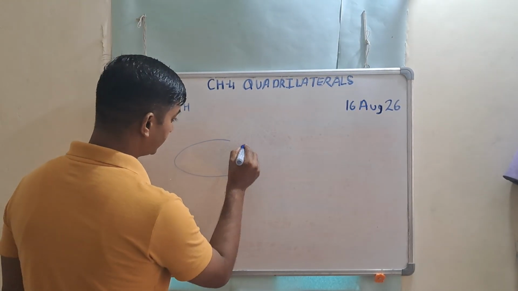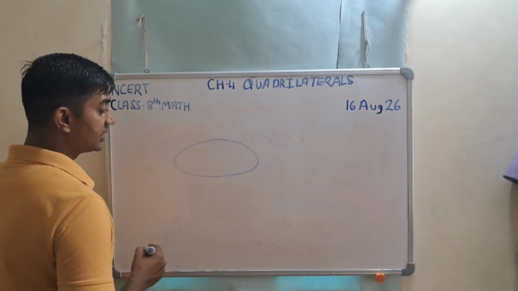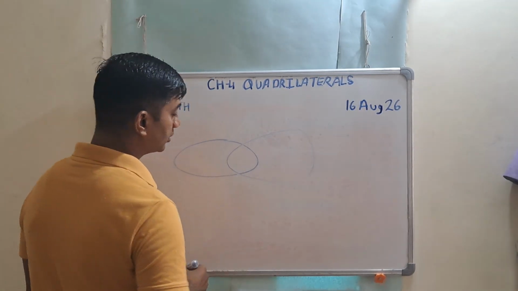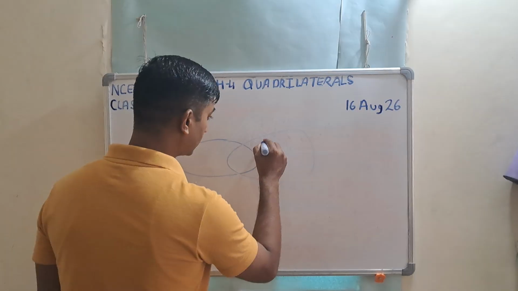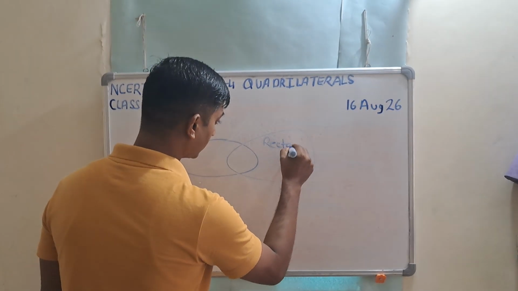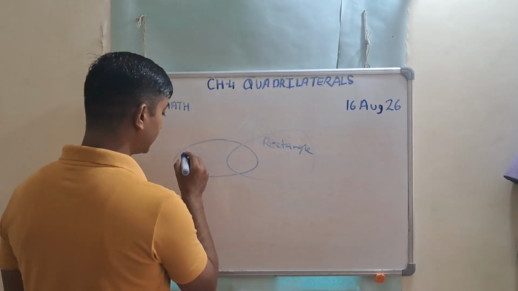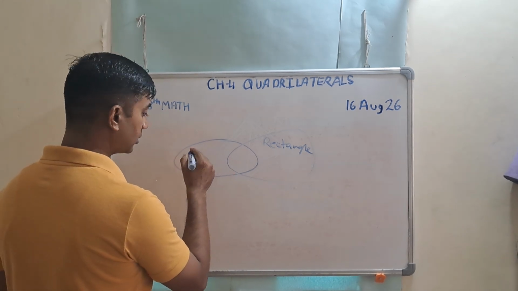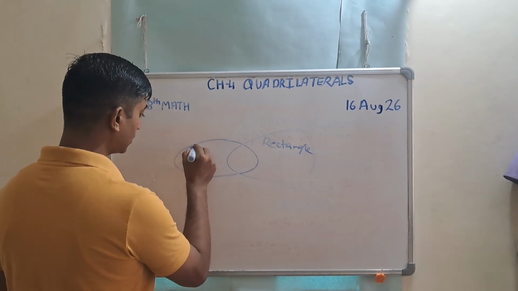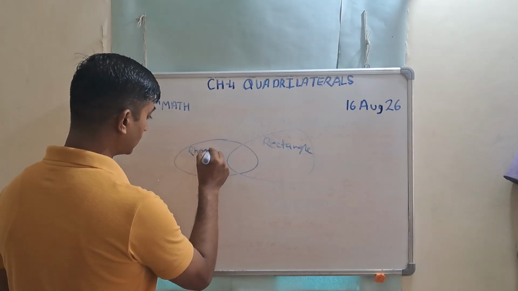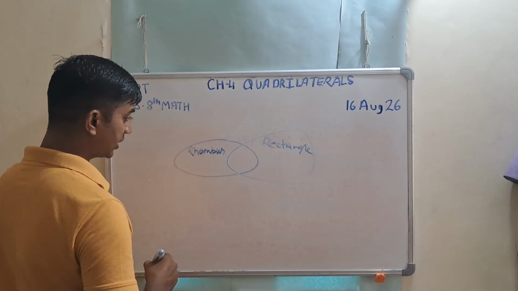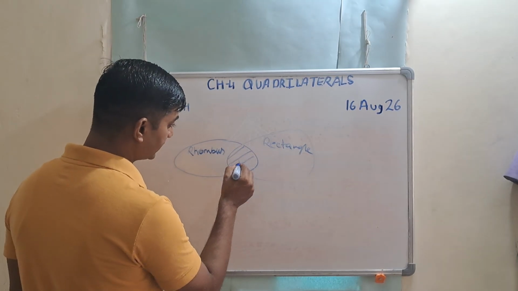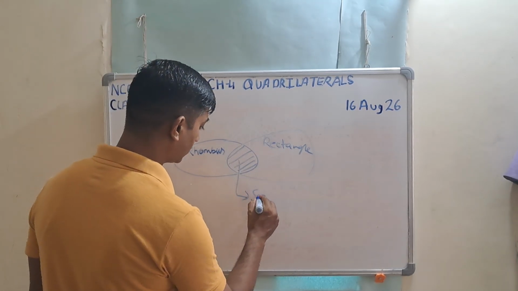See, if this is the set of the rhombus and this is the set of the rectangle, and this is the set of the rhombus. So only the common part, this common part is the square.